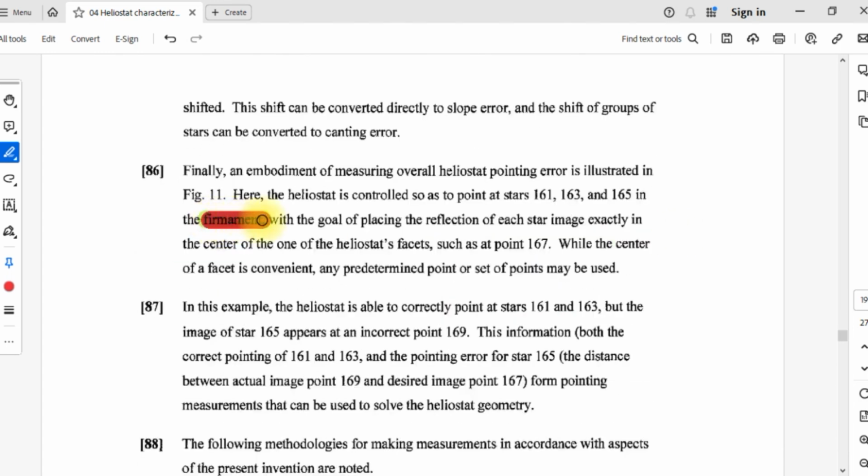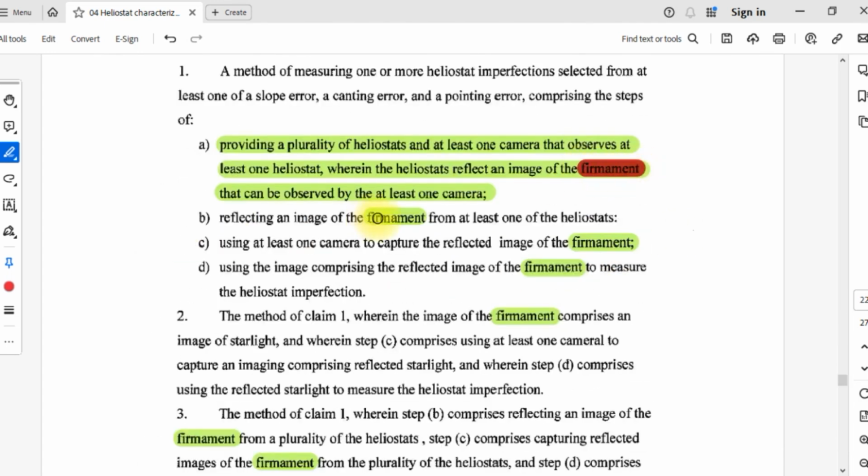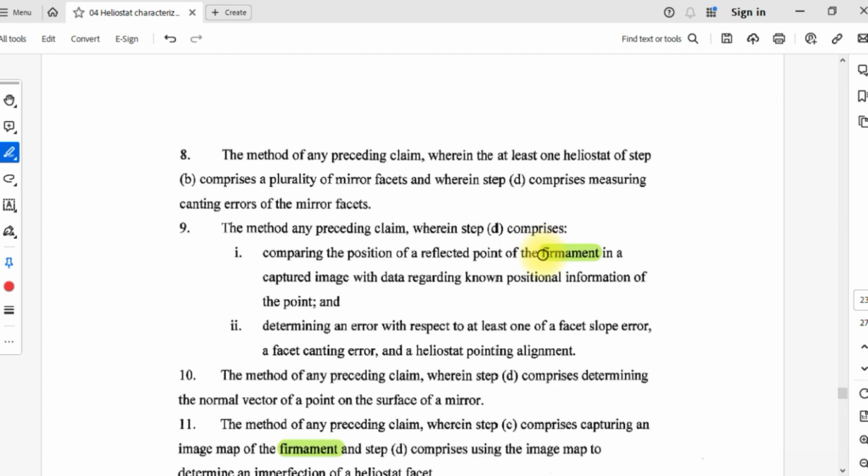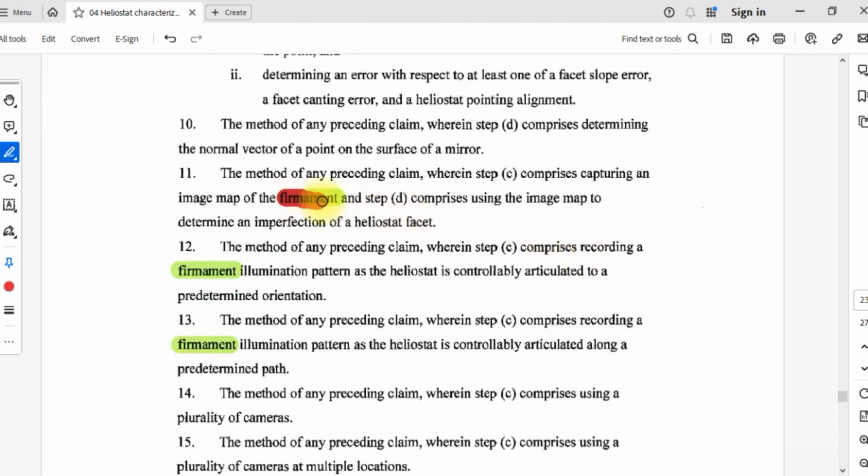Here's the word firmament again. Firmament, firmament, firmament. A lot of firmament for something they say doesn't exist.